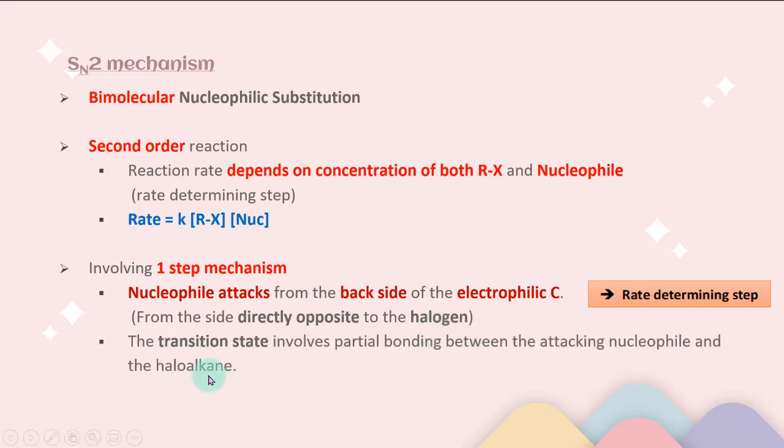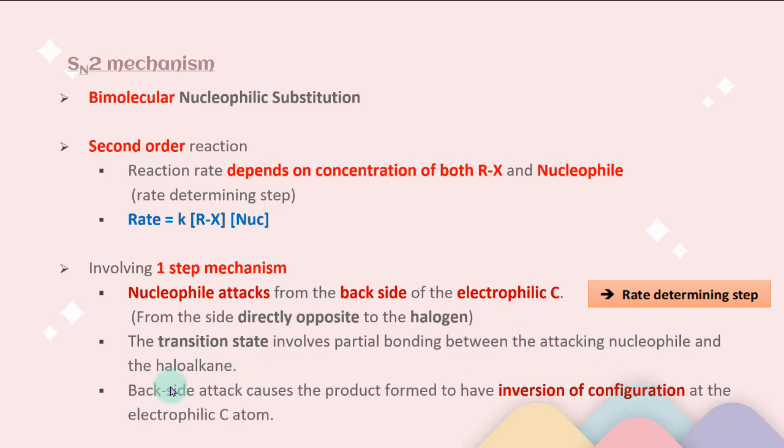So for this one-step mechanism, there is one transition state, which involves the partial bonding between the attacking nucleophile and the halogen. So in this one-step mechanism, the backside attack of the nucleophile will cause the product formed to have an inversion of configuration at the electrophilic carbon atom. So this inversion of configuration we will show in the next example.